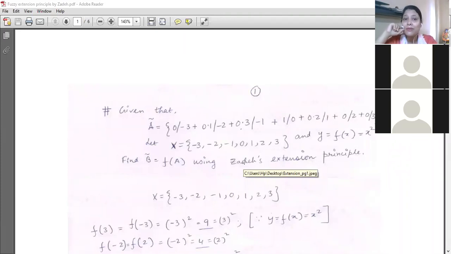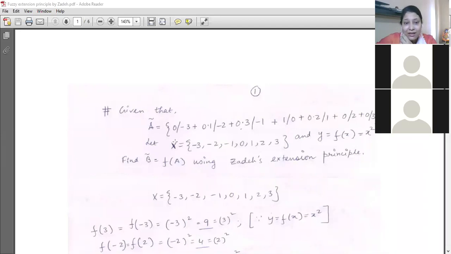You can also represent this fuzzy set by replacing the comma with a plus sign. That is what you can see here, the fuzzy set described by the degree of membership of the linguistic variable x.